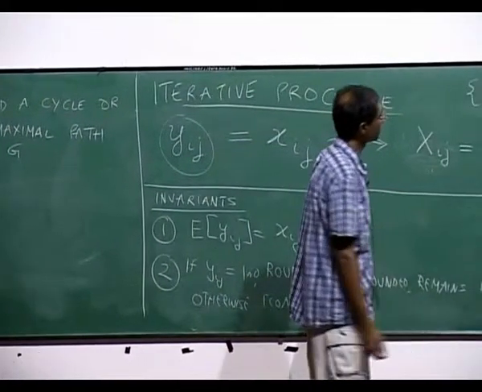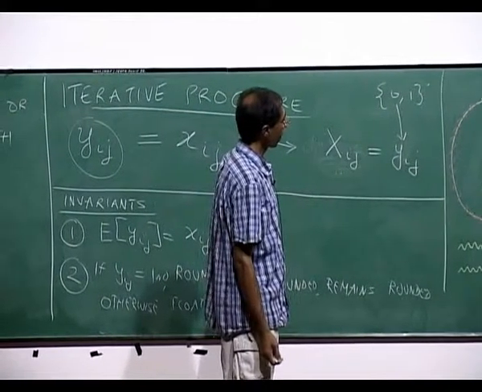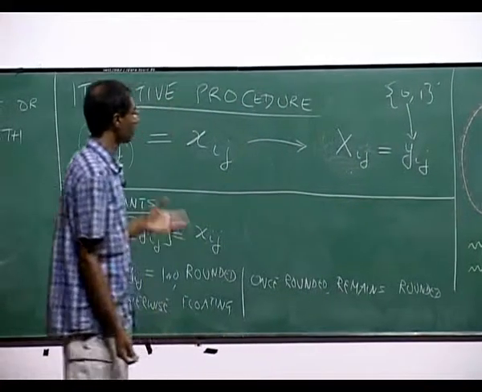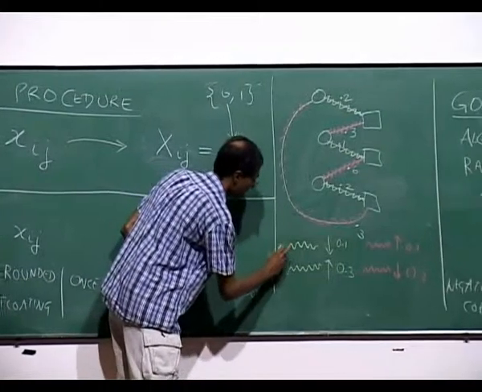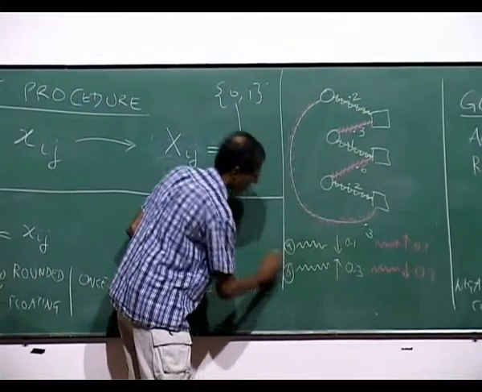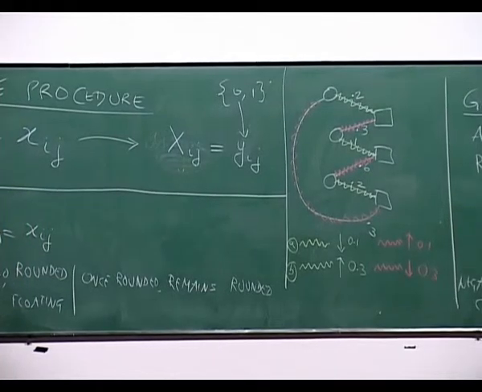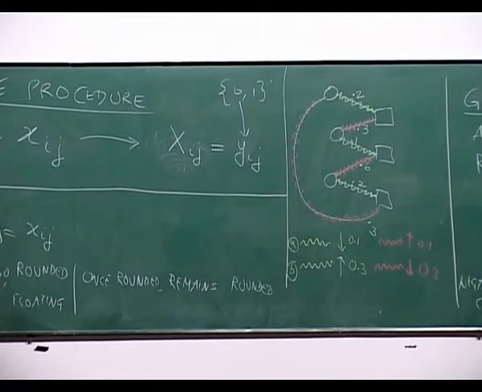Okay. Good. Now, I have these two options. Which of these options should I choose? And if I choose it, with what probability should I choose?